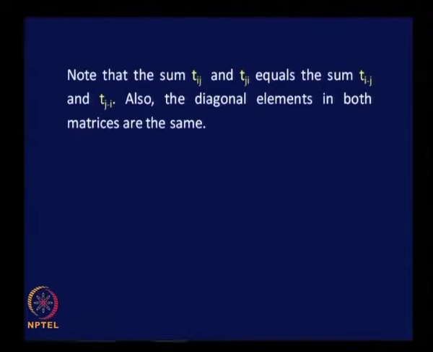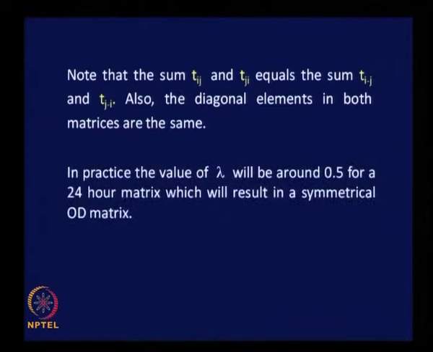Note that the sum Tij and Tji equals the sum Ti dash j and Tj dash I. Of course, that is obvious from the previous example. Also, the diagonal elements in both the matrices are the same, they remain unchanged, that is what we have seen.